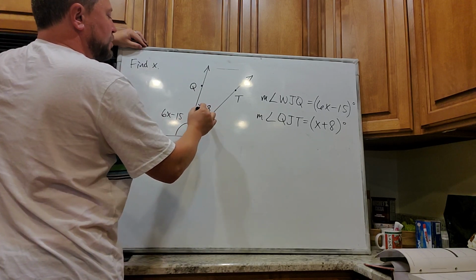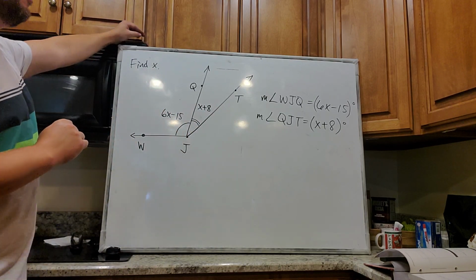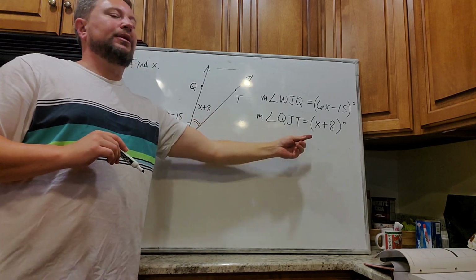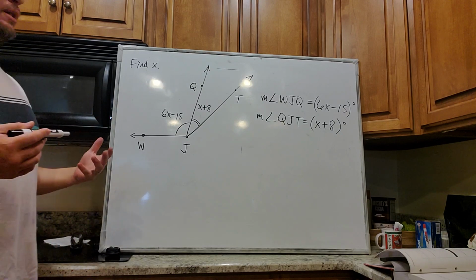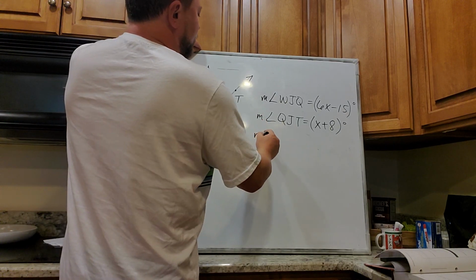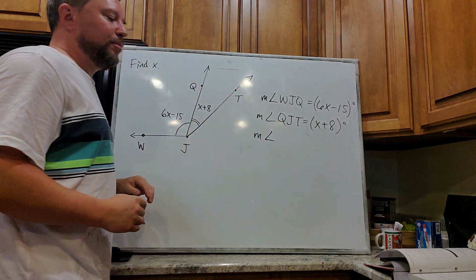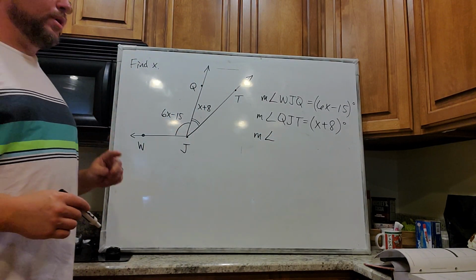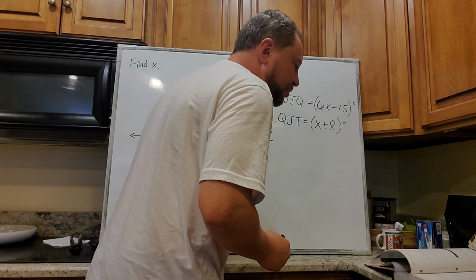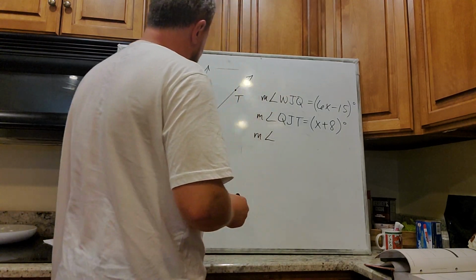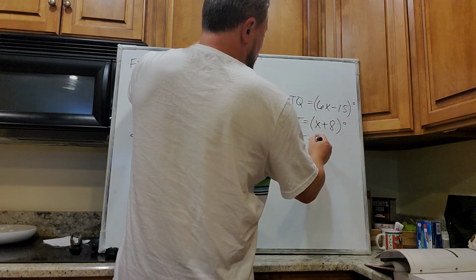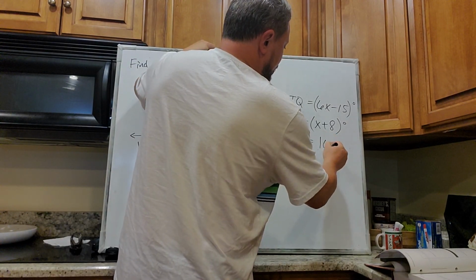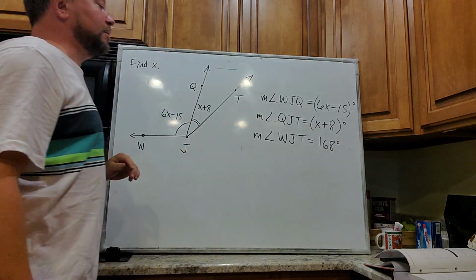But this one appears to be smaller in our picture at least, but is labeled as x plus 8. Now the one last thing that they're going to give you, they might give you this information, for example. They're going to give you the measure of one more angle in this one. They might tell you, for example, that the measure of angle WJT is 168 degrees.